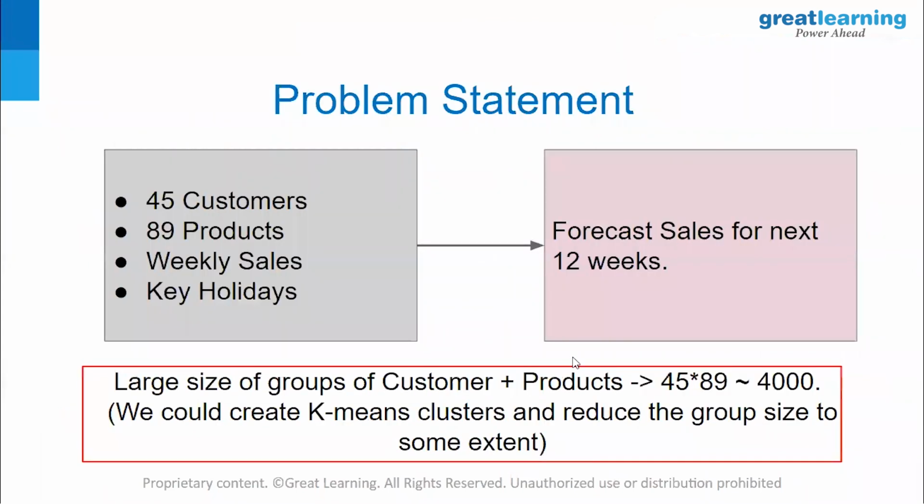In this context, let's look at a problem statement where we have about 45 customers and around 90 products, and we have weekly sales data. Along with that, we also have the holiday data. Now, holidays in this particular case are given as an input, but holidays are data points which we can easily extract by looking at the calendar.